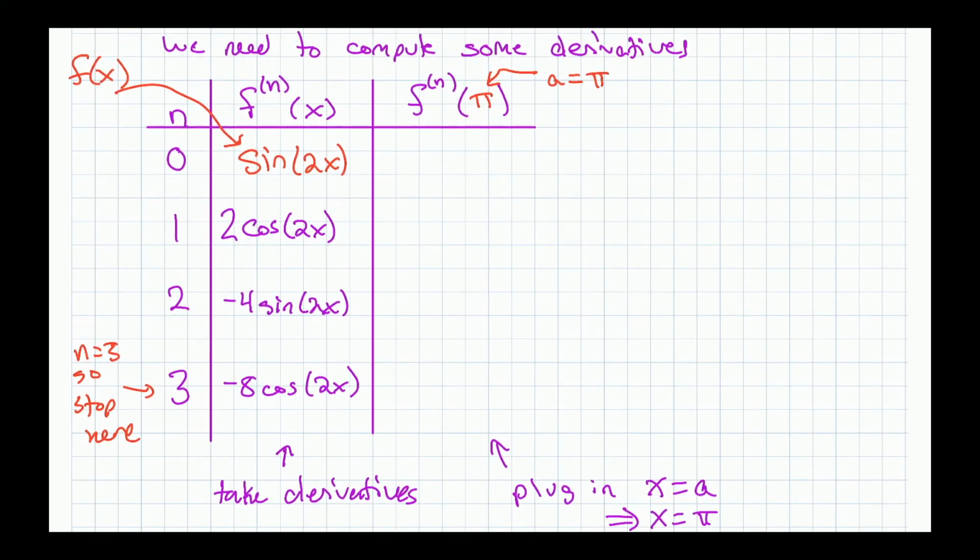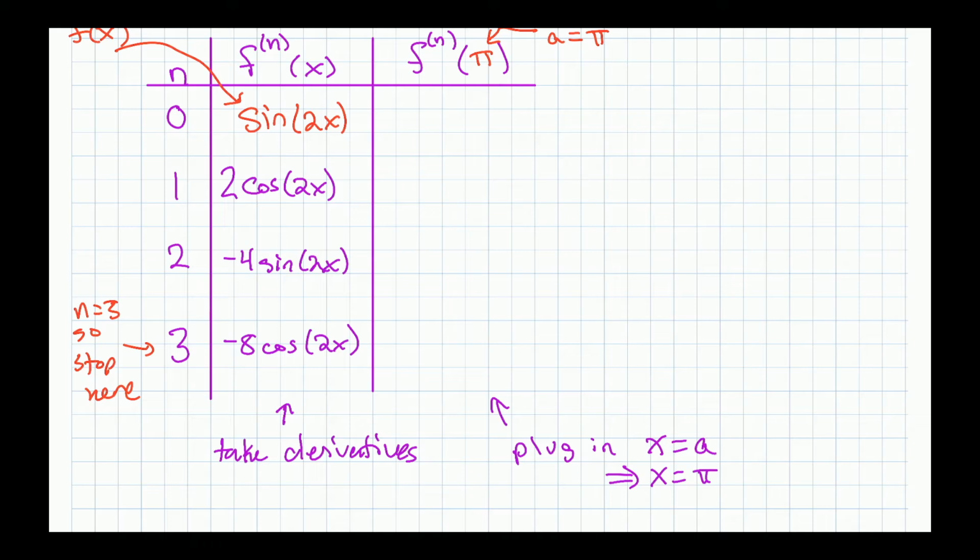Then what we're going to do is plug in x equals a, which is pi. So we're going to plug in x equals pi here to all of these. So the first one's going to be sine 2 pi. What's sine 2 pi? Well, 2 pi is where 0 is. So sine of 0 is 0. Then we're going to need 2 cosine 2 pi.